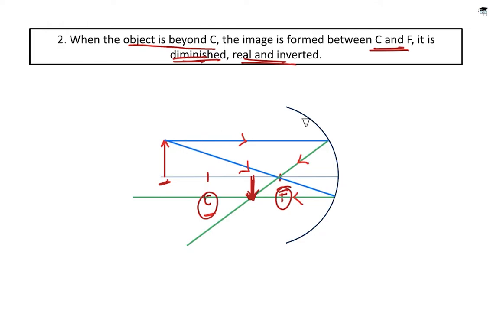It was so easy to do this. You just have to draw the object first, then choose any two rays, and where those rays meet after reflection, that is your position of the image.